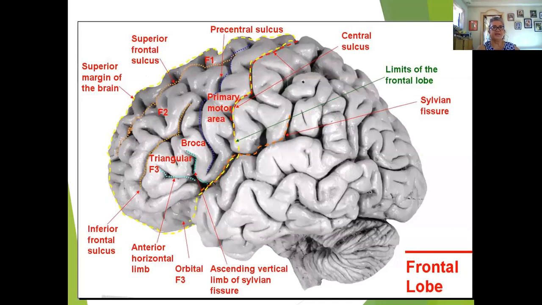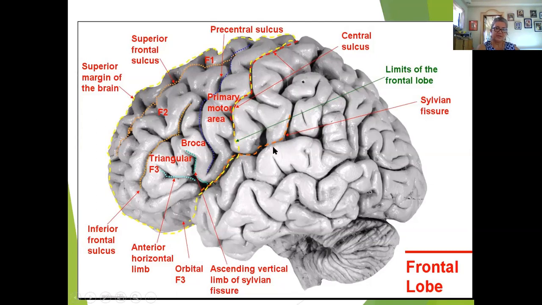So you can see here the central sulcus of Rolando. This is a very important anatomic structure or marker which will divide your frontal lobe and your parietal lobe.